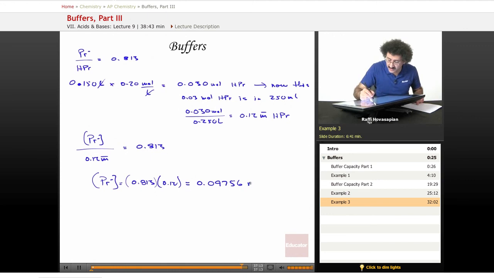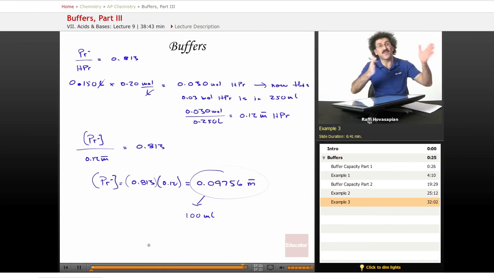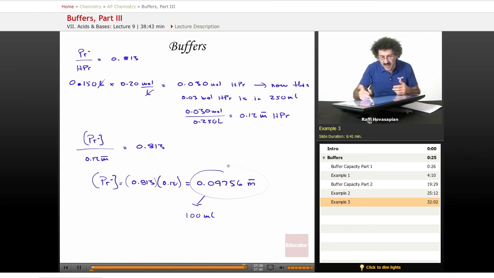I'm not worried about significant figures here. And I also know that I'm going to have 100 milliliters of this because I had 150 mils of the propanoic acid solution. I want a total volume of 250, so I need 100 milliliters. Now I can take some solid sodium propanoate and drop it into solution, weighing it out in grams because now I know what concentration I need.